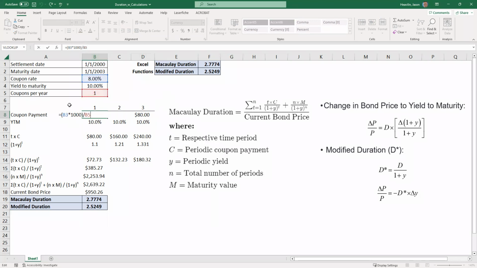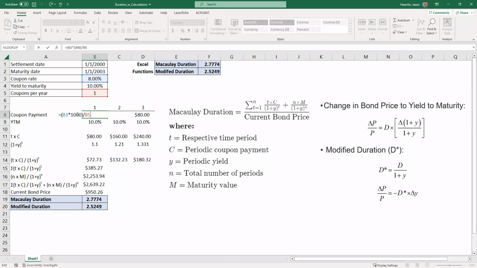Notice that I take the coupon rate, 8%, and I multiply by 1,000. Now, the reason for 1,000 is when you are not given the face value or the par value of the bond, we will assume $1,000. So unless it's specified a different face value or par value, the assumption would be $1,000.